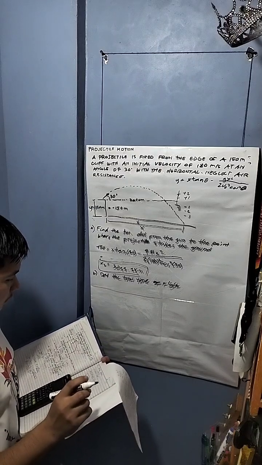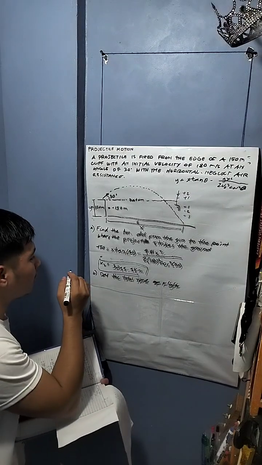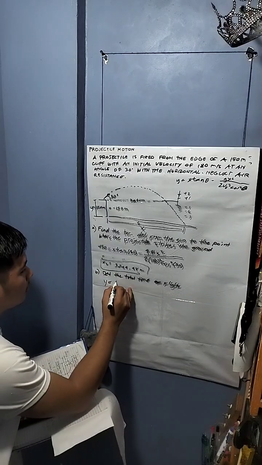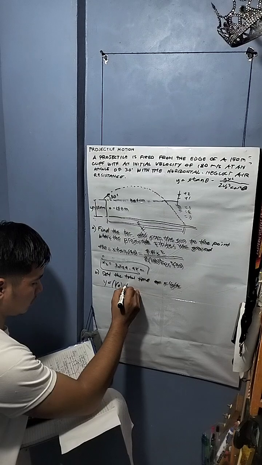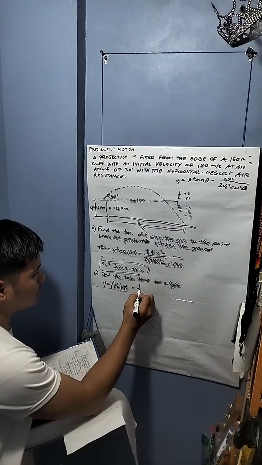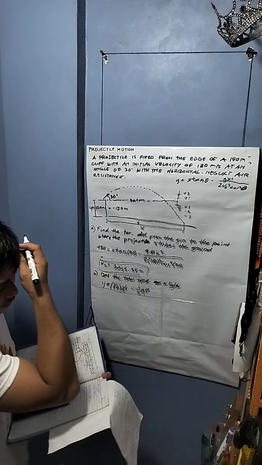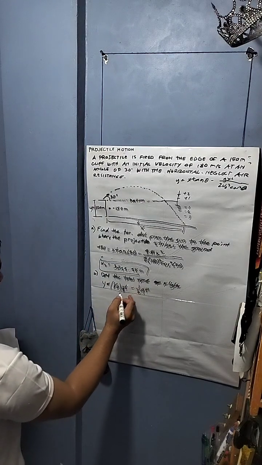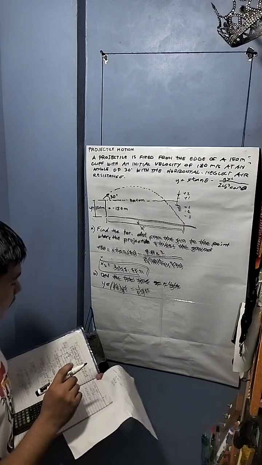We can use the vertical motion formula, y equals v naught y times time minus the 1/2 of gt squared. This formula is useful to find the value of time.